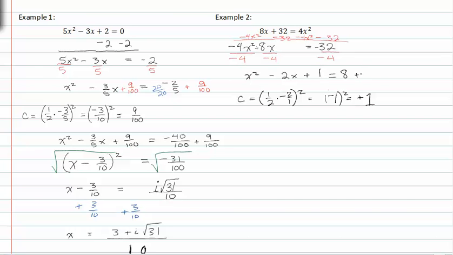So we add 1 to both sides. Now we get x squared minus 2x plus 1 is equal to 9.